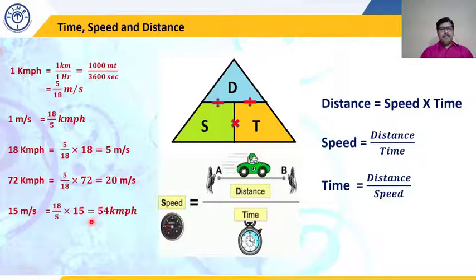Perfect? Good. Similarly, 25 meter per second is 18 by 5 into 25, which is 90 kilometer per hour. So I'm sure you are confident in converting kilometer per hour to meter per second and meter per second to kilometer per hour.